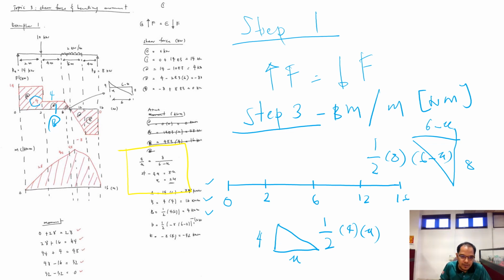This is just some arrangement: 4 over x equivalent to 8 over 6 minus x.